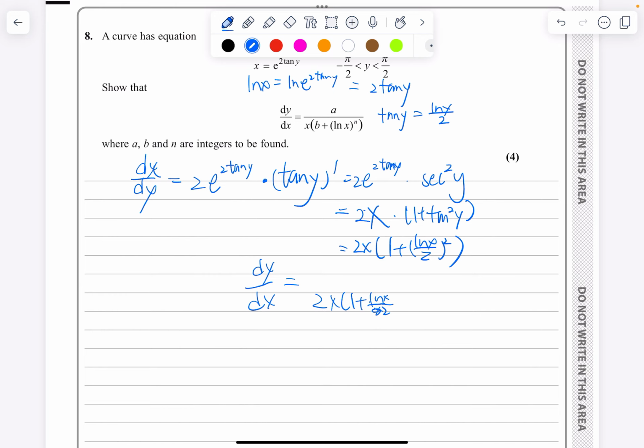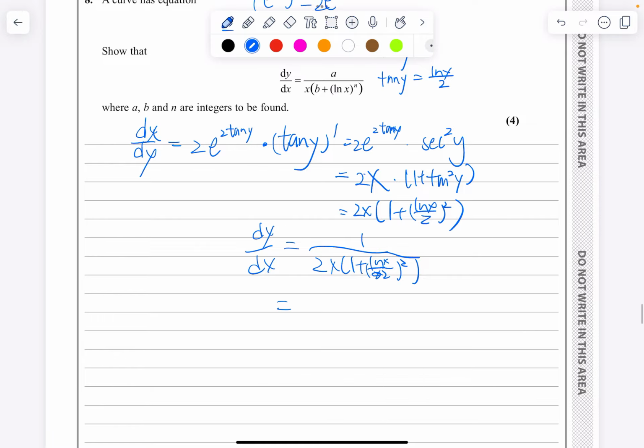Okay. Am I missing something? I feel like I am. No, I think not. Let's take this 4 out. Let's take this 2 squared out. That would be 2x times (1 plus ln x squared over 2), and then 1 on top.